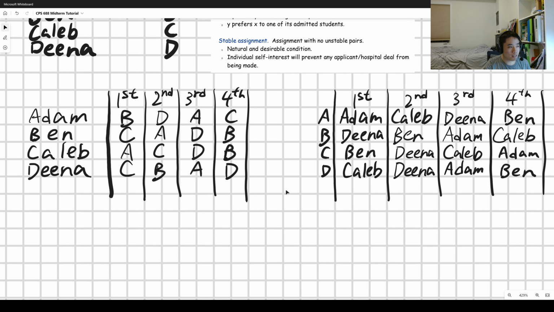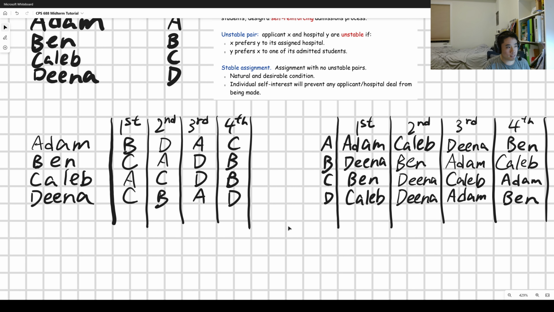So basically, for example, if Adam is paired with B, but then Ben came along, and B likes Ben better compared to Adam, that means this pair right here is unstable.